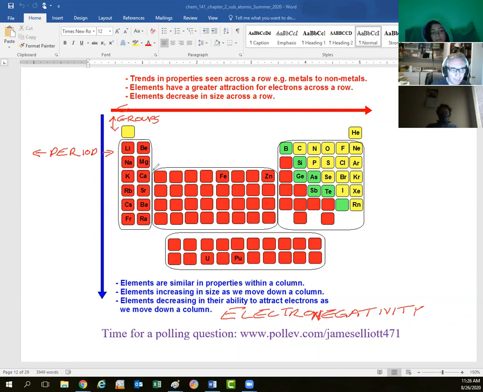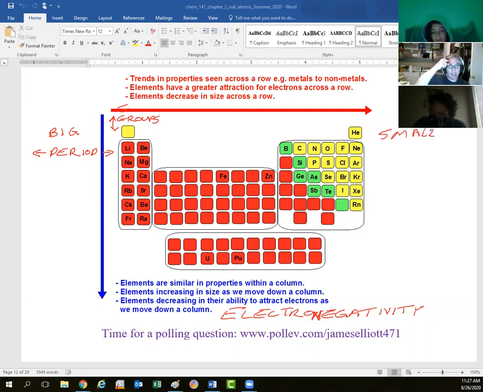For these periods each time, we find that the bigger atoms are on the left. So bigger atoms to the left and smaller atoms to the right.